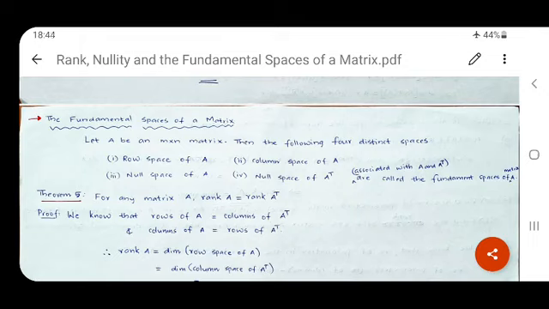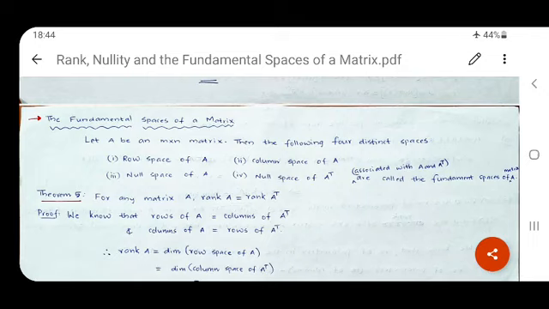So the columns and rows are interchanged. Therefore, the row space of A is equal to the column space of A transpose, and the column space of A is equal to the row space of A transpose. Therefore, those are the same. So there are 4 distinct spaces associated with a given matrix A and its transpose A transpose, namely the row space of A, the column space of A, the null space of A, and the null space of A transpose.